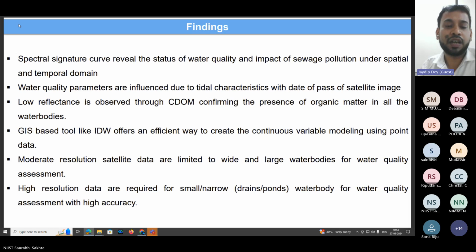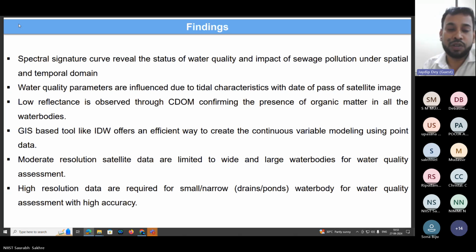GIS-based tools like IDW, the inverse distance weighting method, offer an efficient way to create a continuous surface from the point database that we collect through our routine method. Moderate resolution satellite data have some limitations. As we are saying, remote sensing is very useful, but there are some limitations related to resolution.